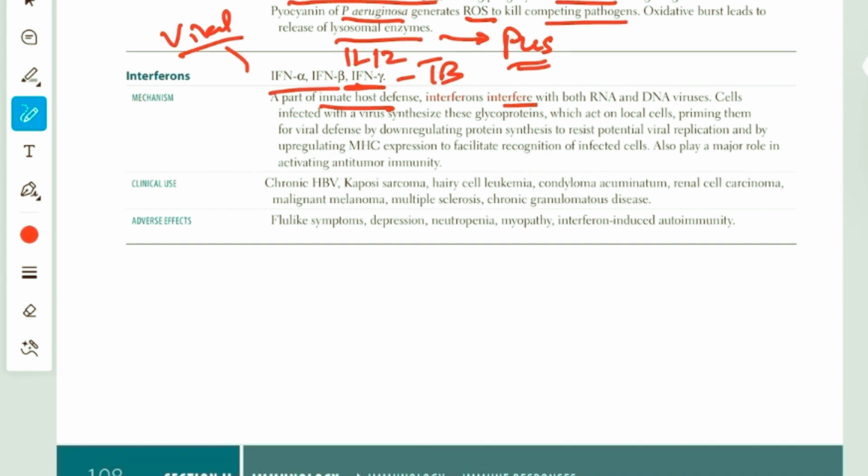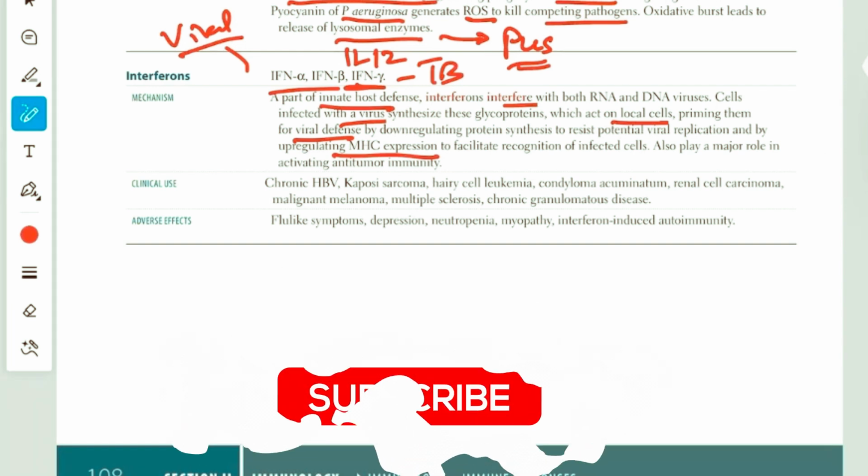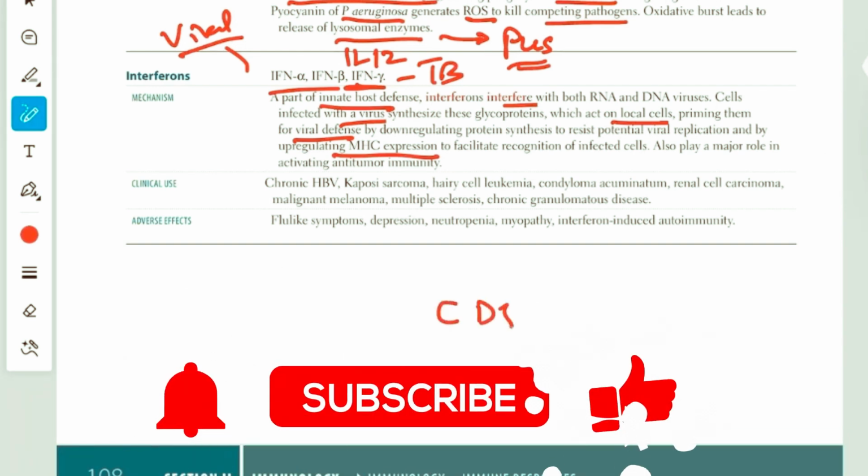Like I said here, cells infected with the virus will synthesize these proteins that act on neighboring cells, priming them for viral defense by down-regulating or reducing protein synthesis to resist viral replication, and up-regulating MHC expression. That facilitates recognition of the infected cell. So that's when it upregulates MHC, particularly MHC 1, which is recognized by CD8 positive T cells.